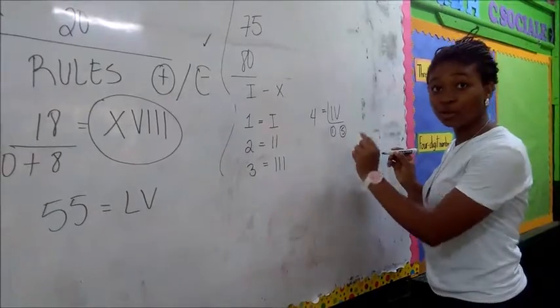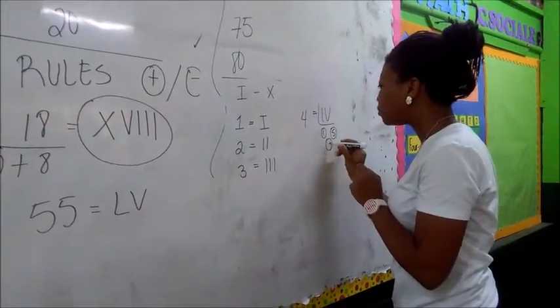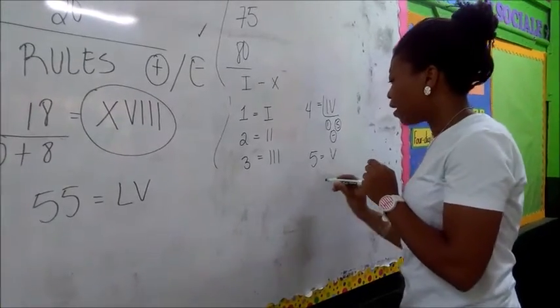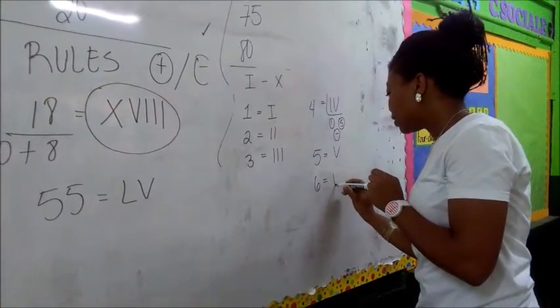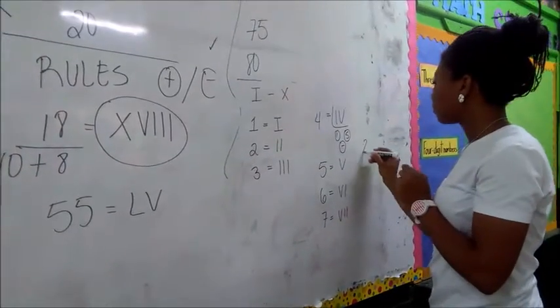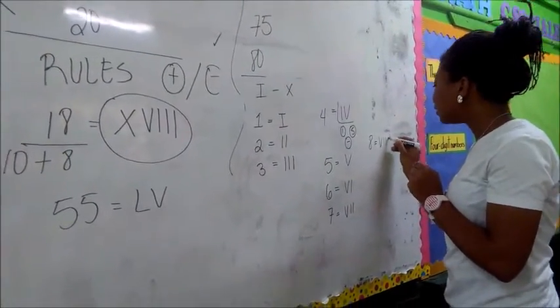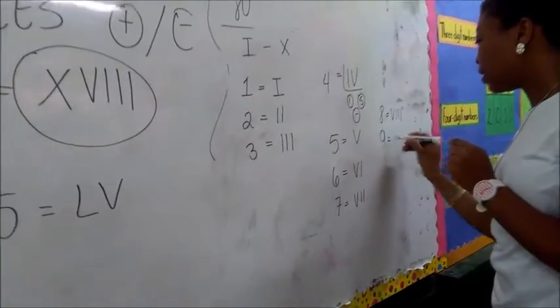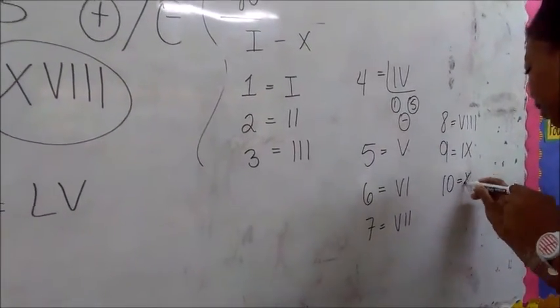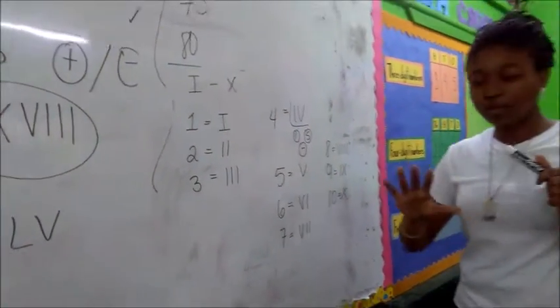So to know that it is the number 4, we have to subtract. So we are going to continue: 5, 6, 7, 8, 9, and finally 10.